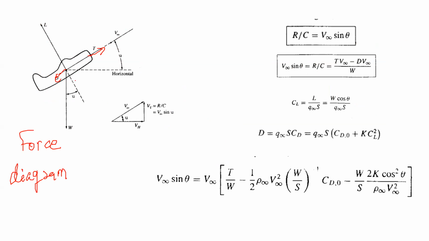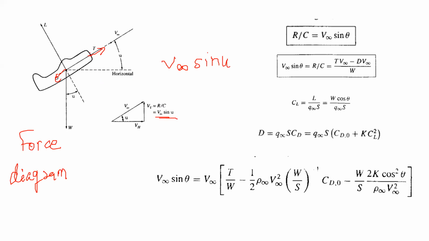Now, if you are climbing steadily, if there is a steady climb, for example, Karthik is saying V sine theta is the rate of climb, right? That's written here also. Now how do you derive this quantity V naught sine theta in terms of the forces that the aircraft is experiencing?